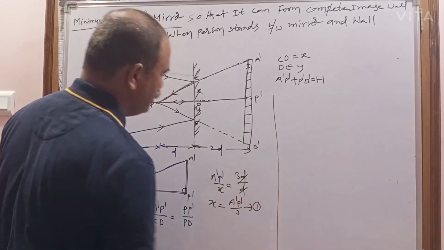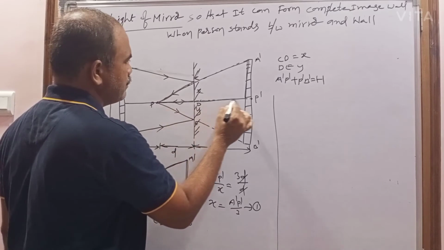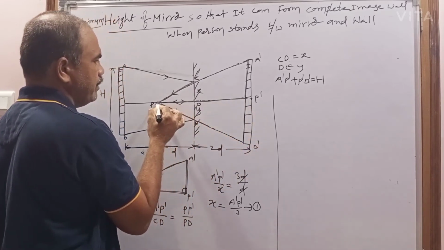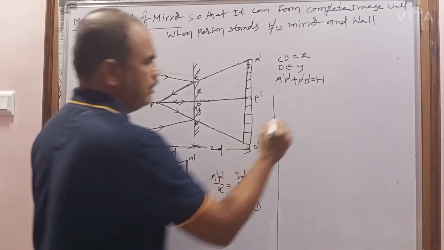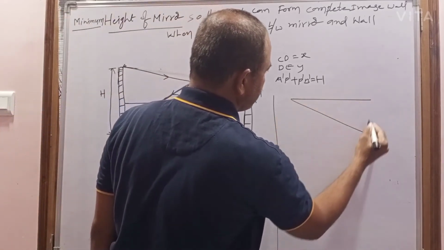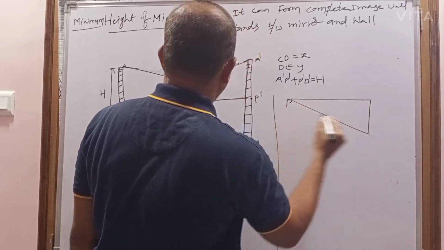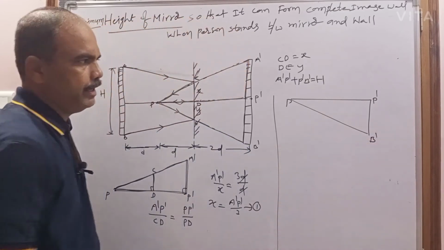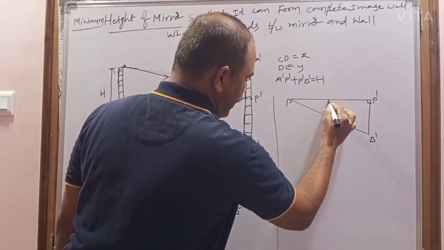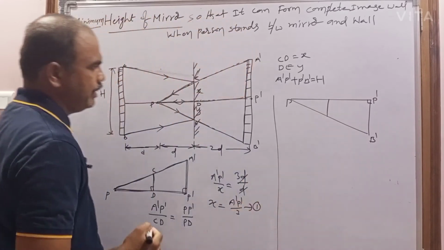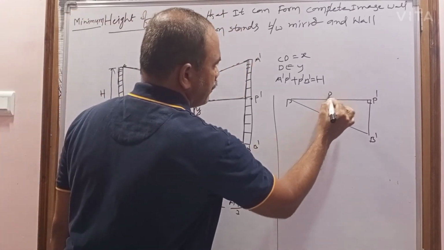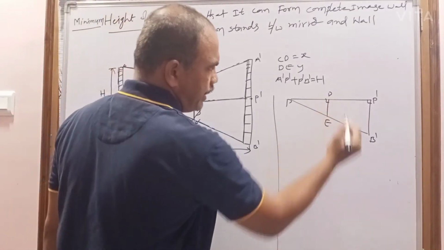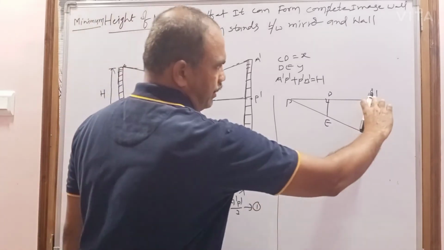Now come to the other similar triangles: A P dash B dash, and the next one is P D E. This P dash B dash is a big right angle triangle and this one is a small right angle triangle, PDE. These are also two similar right angle triangles, so I take this side by this side.